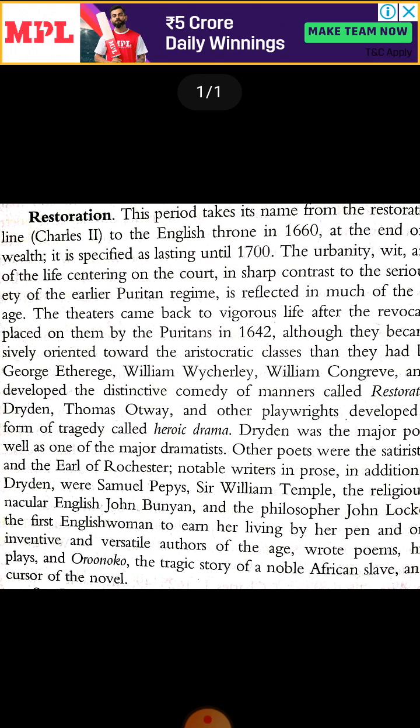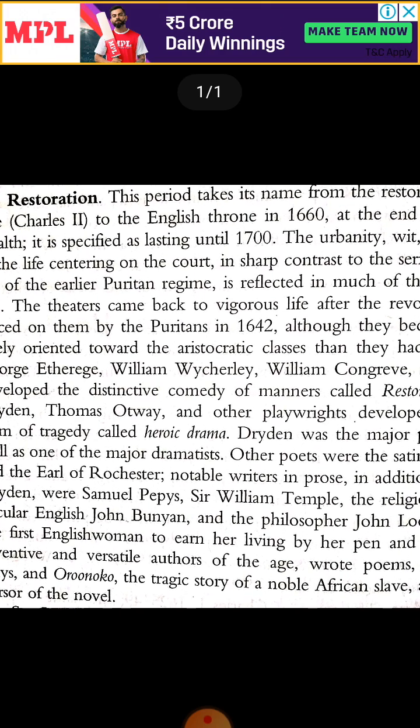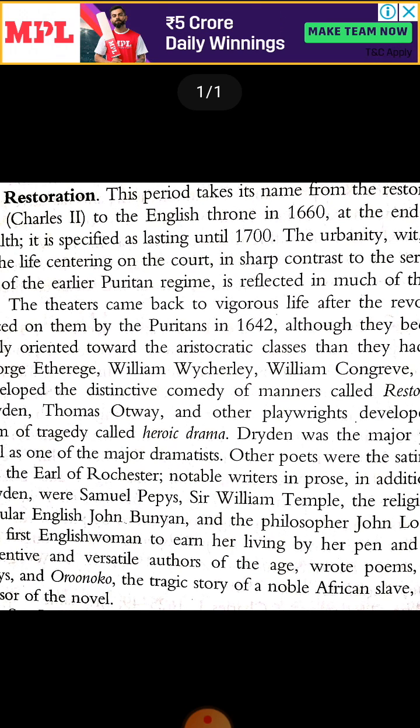Restoration means when something is restored. This period takes its name from the restoration of the Stuart line, Charles II, to the English throne in 1660.